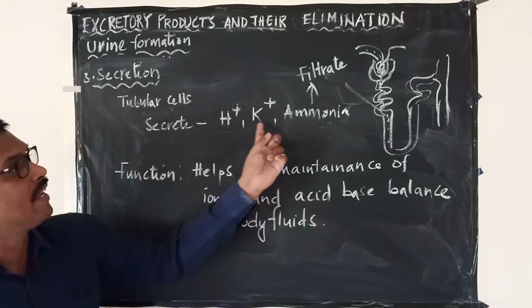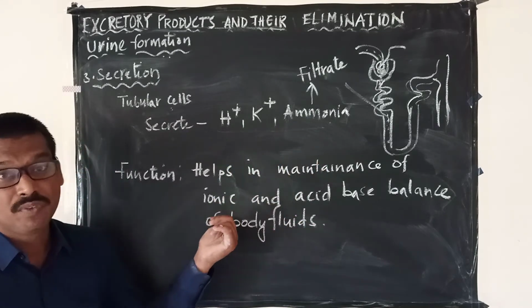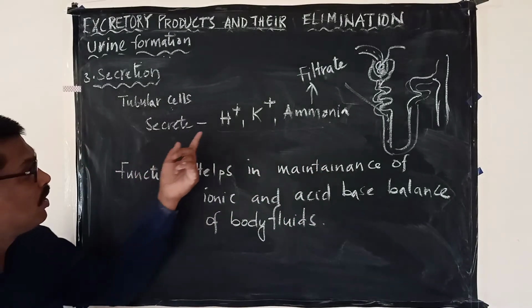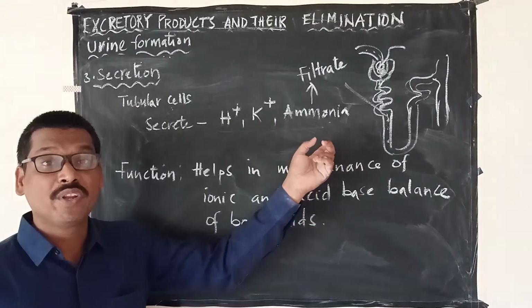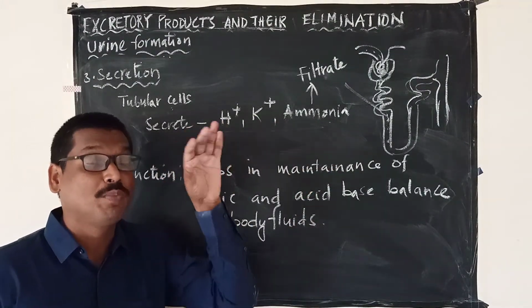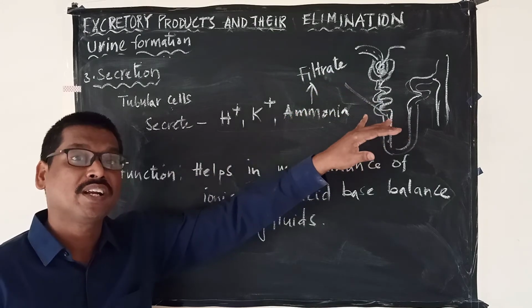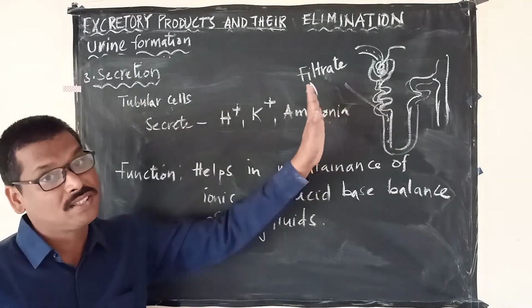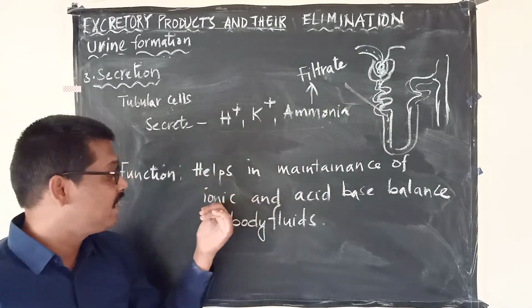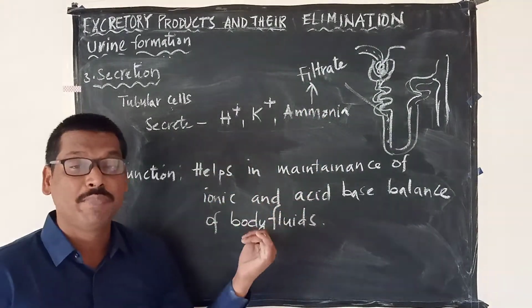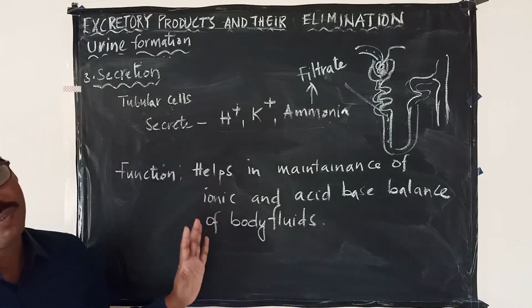If this is not taking place, it is highly impossible for this function. So H plus ions, potassium ions and ammonium ions are secreted from the tubular cells into the filtrate of the nephrons. This is the main function of secretion.